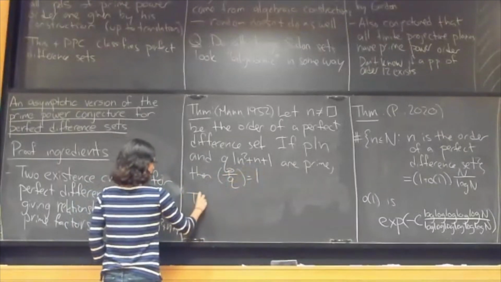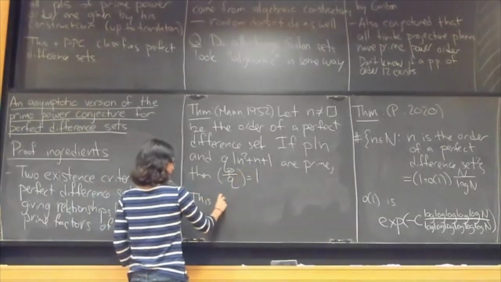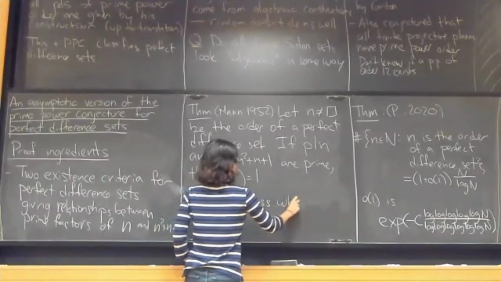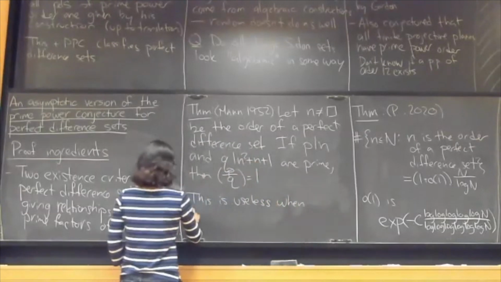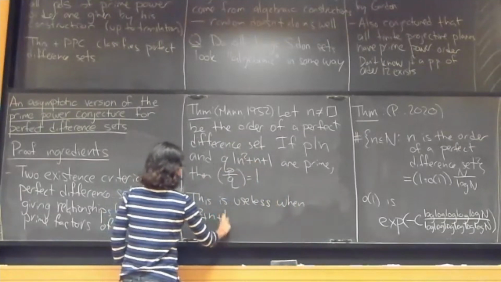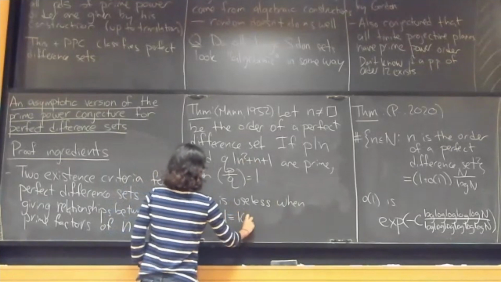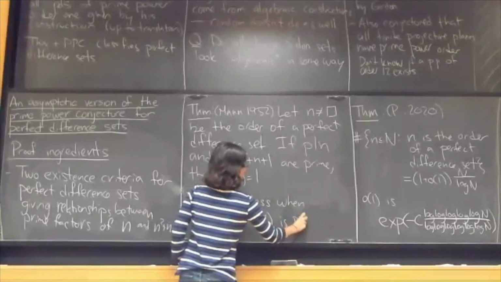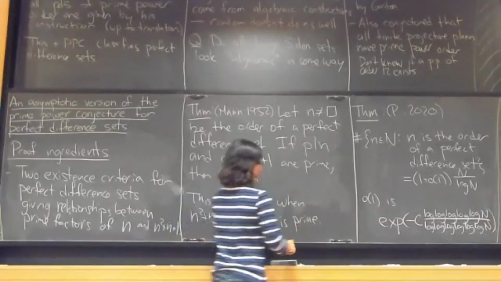So this is unfortunately useless when n squared plus n plus 1 is a prime that's 1 mod 4. Okay.